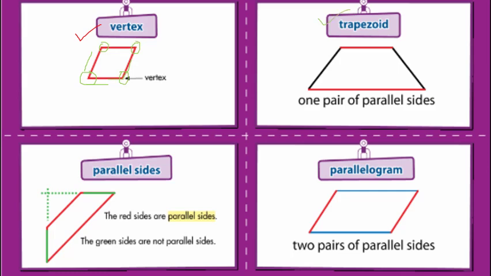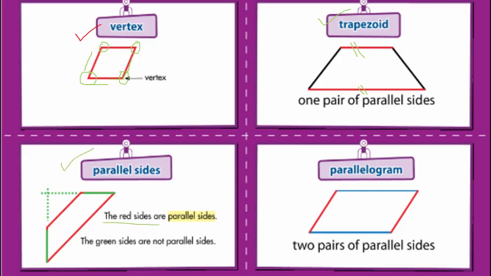Next we have trapezoid. Now what is a trapezoid? Very good. It has one pair of parallel sides. Now what are parallel sides?